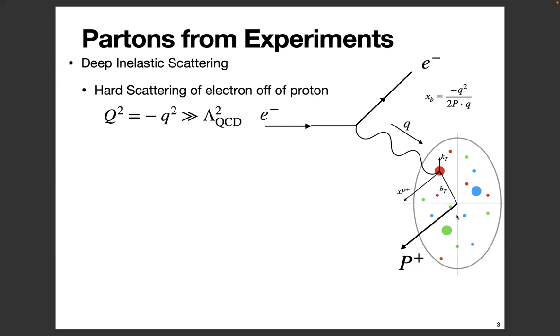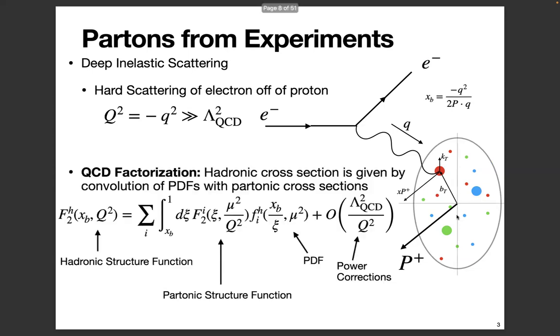We attempt to see where our electron comes out, and by seeing what other particles may come out, we gain access to these various features. The nice thing about deep inelastic scattering is that it is one of these processes that have the so-called QCD factorization relationships that allow this picture to work.